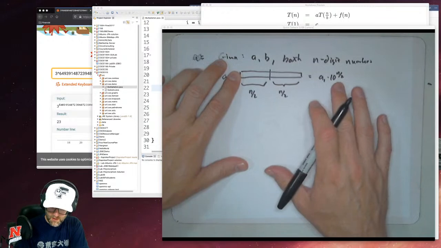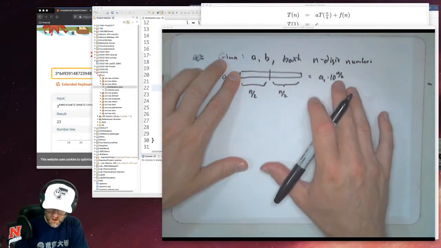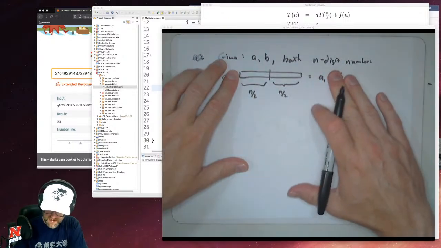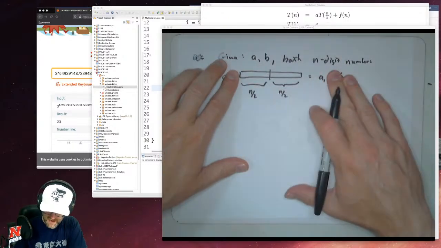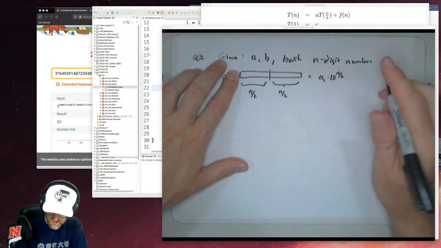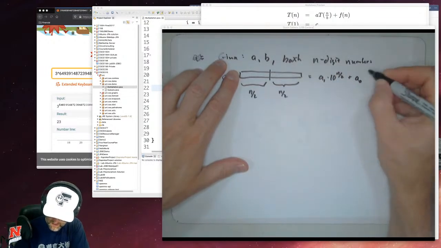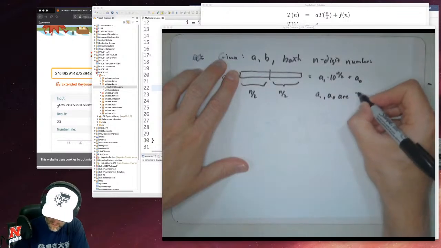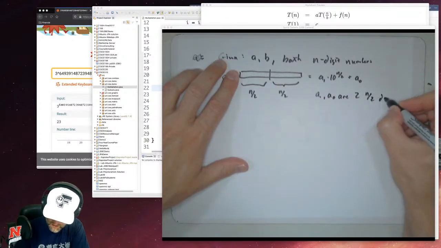But I'm remembering that, well, it's actually larger than that. Oh, I need to multiply this by 10 to the n divided by 2. Right? But if I take just A1, that's going to be an n divided by 2 digit number, plus A naught. So A1 and A naught are 2 n divided by 2 digit numbers.